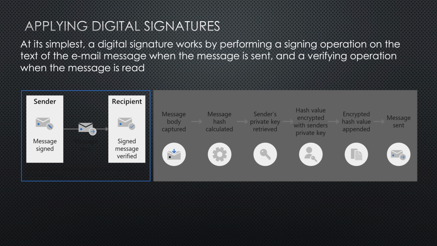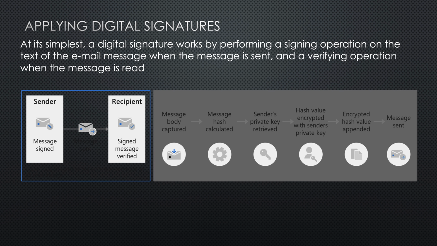Applying digital signatures is a fairly simple process here. So at its simplest, as you can see, a signature works by performing a signing operation on the text in the email message, i.e. when the message is sent, and a verifying operation when the message is read. So you've got the sender and the receiver. So the body of the message is captured, a hash value is calculated, and we're going to talk about a hash value.